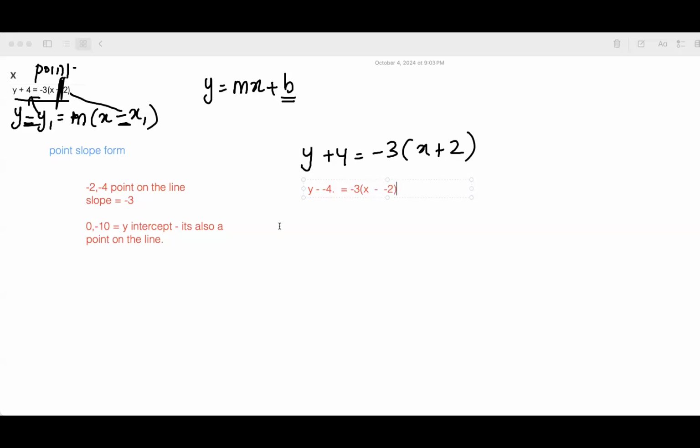You see, ma'am? In this case, now it perfectly aligns with my format. What is our format? Point slope form. What is the format of the point slope form? y minus y1 equal to m times x minus x1, right?